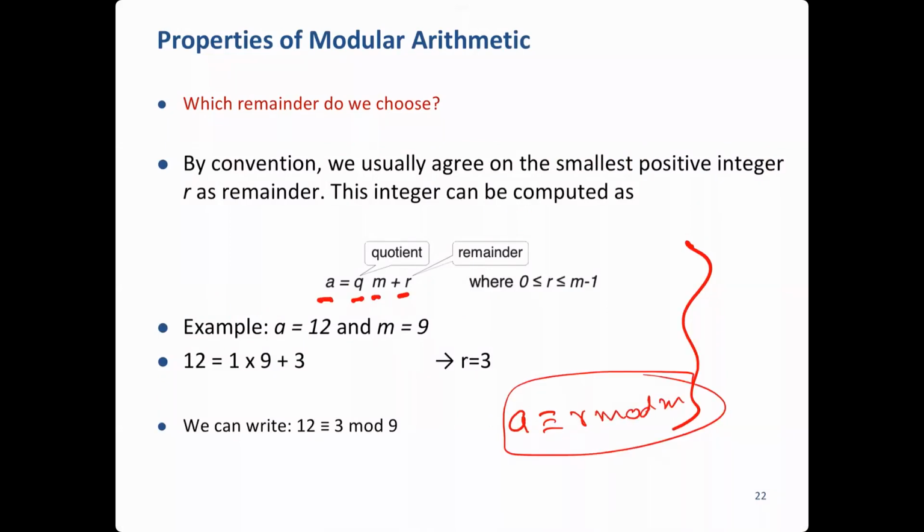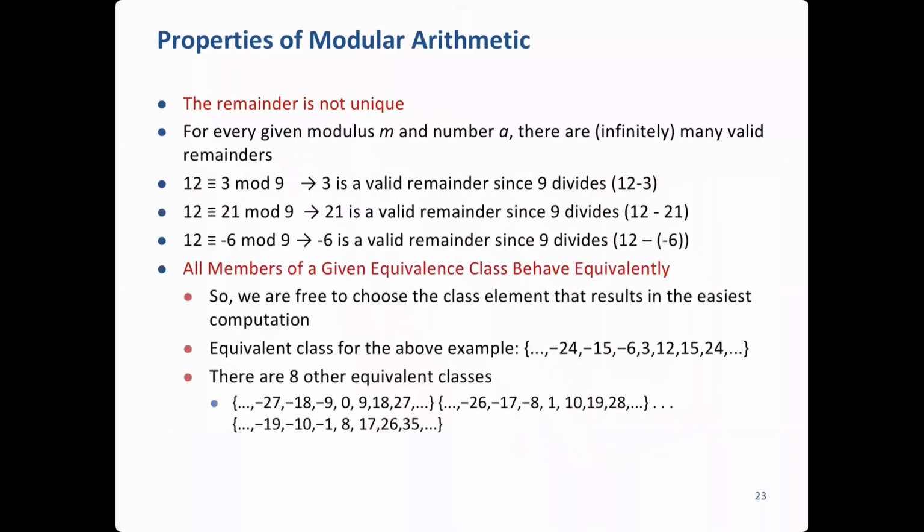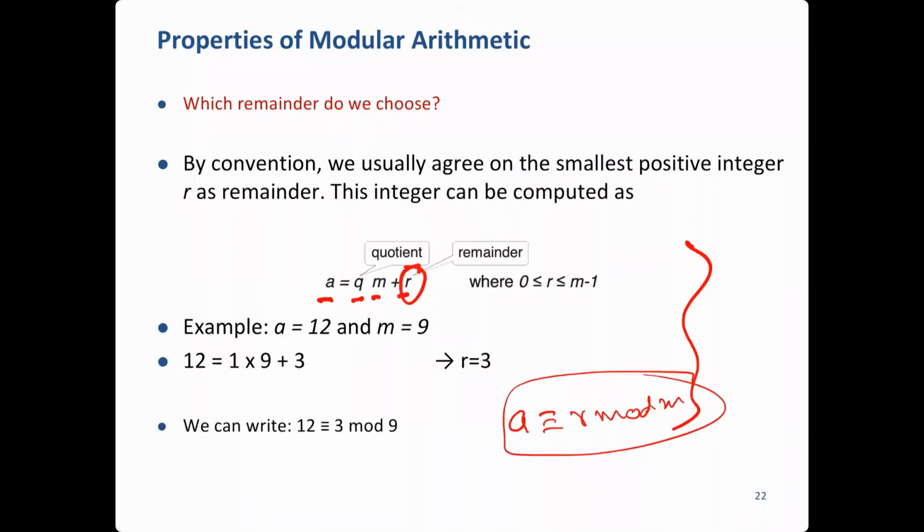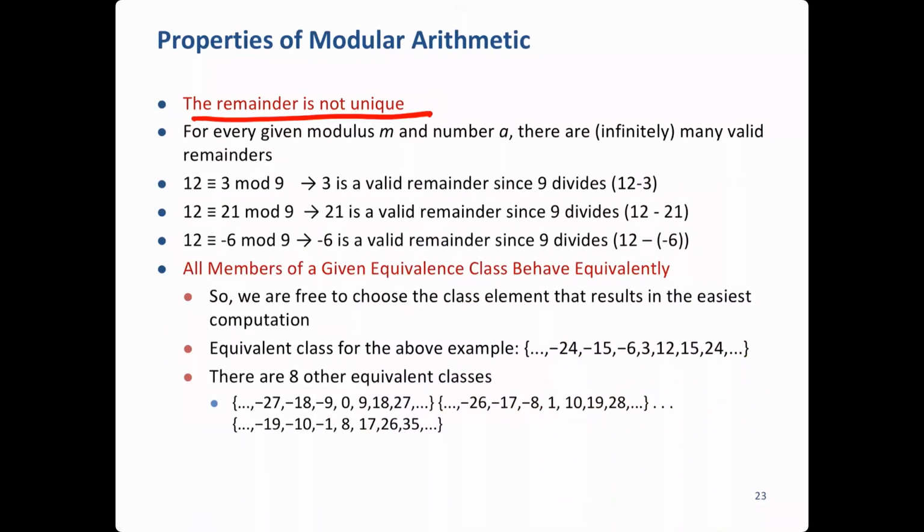Okay, now we will note that the remainder is not unique, because you may have a number of ways of getting a remainder. For example, here if you divide 12 by 9, you get 3.